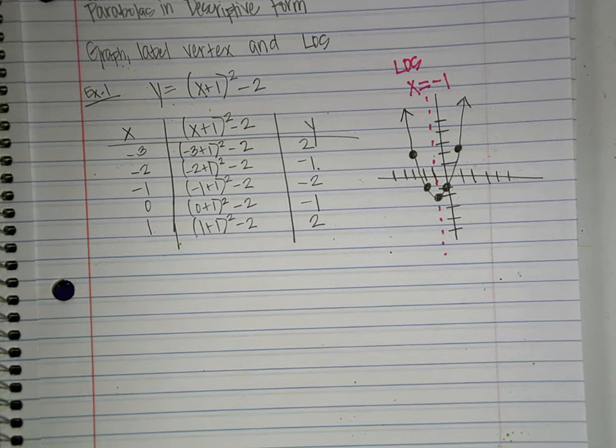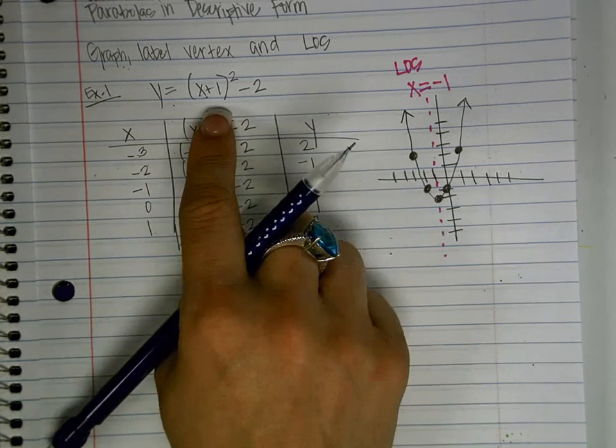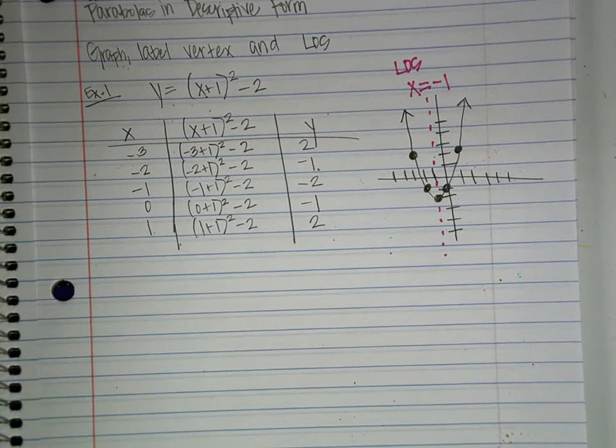Any questions on how we did that? You're picking values and plugging them in. Yes, Avon. Why don't you just distribute, or FOIL, and make it the other way? We'll get there.